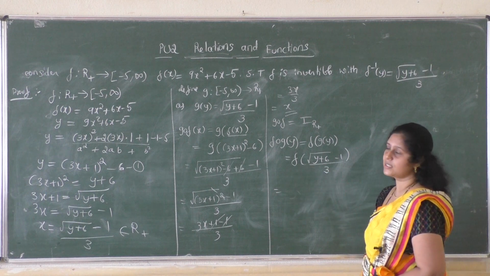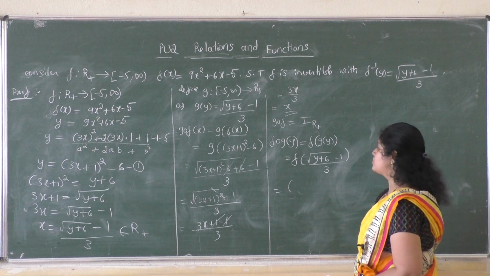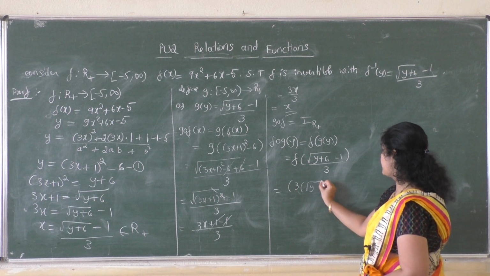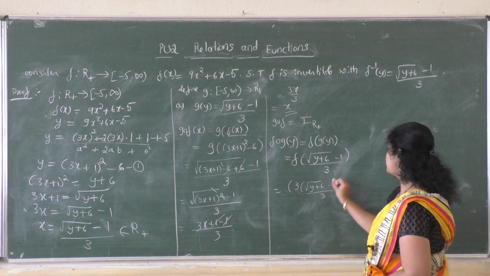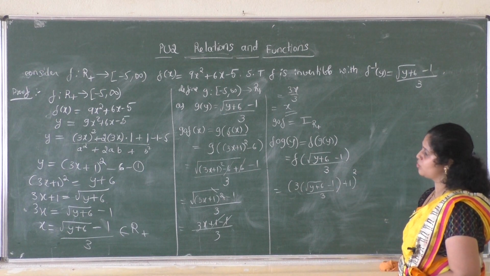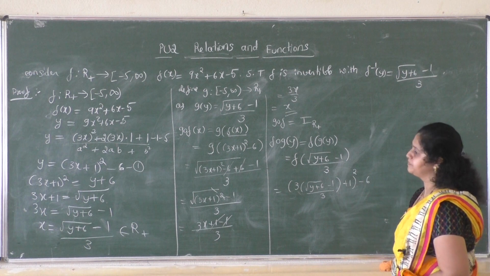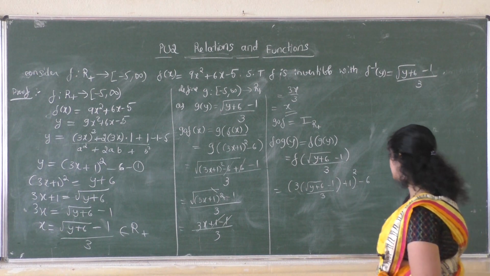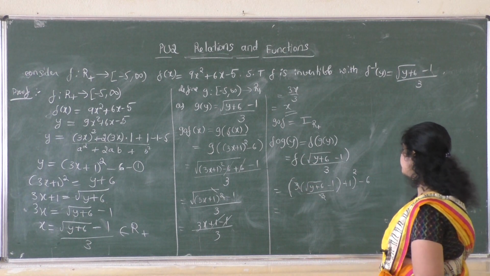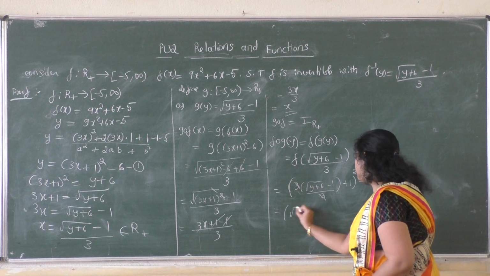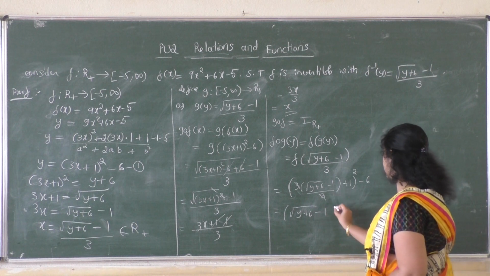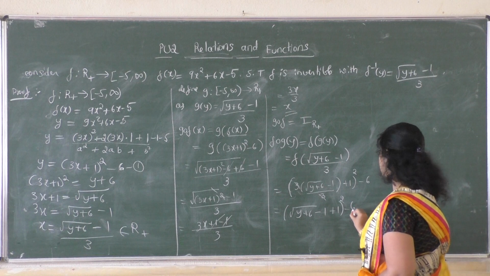Now f of x is (3x plus 1) whole square minus 6, where 3x is root y plus 6 minus 1, divided by 3. So (3x plus 1) whole square minus 6, which is equal to, the 3 cancels inside the bracket. So now we have (root y plus 6 minus 1 plus 1) square minus 6.